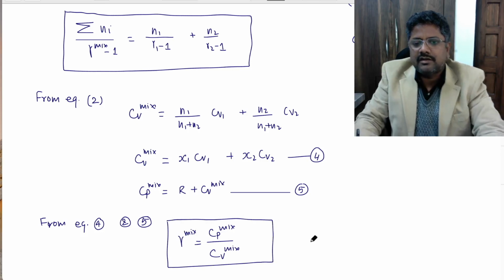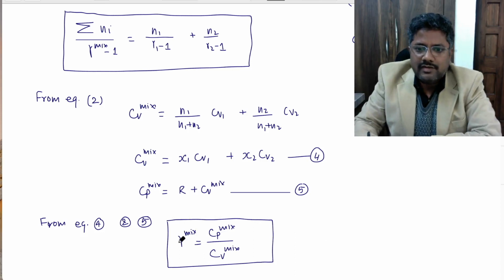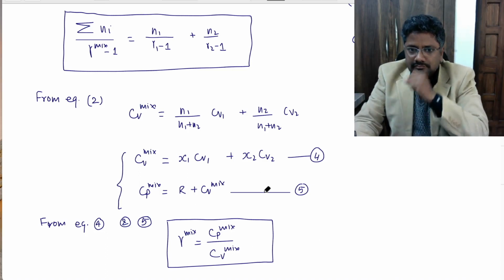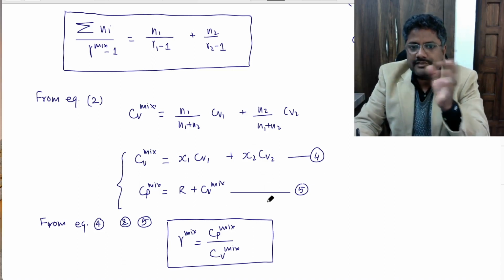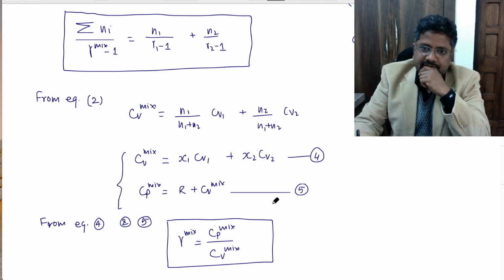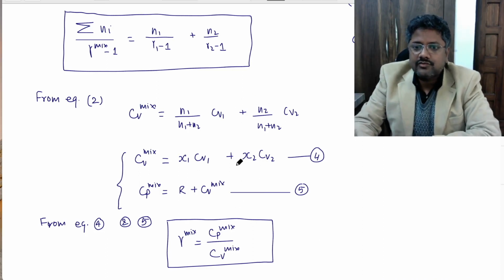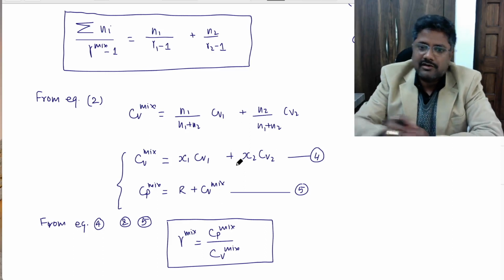So this formula also you can use to calculate the gamma of the mixture if you have Cv mixture and Cp mixture, right? So these two formulas you can use to calculate the gamma for the mixture.